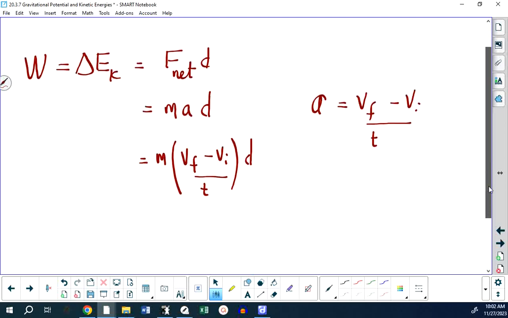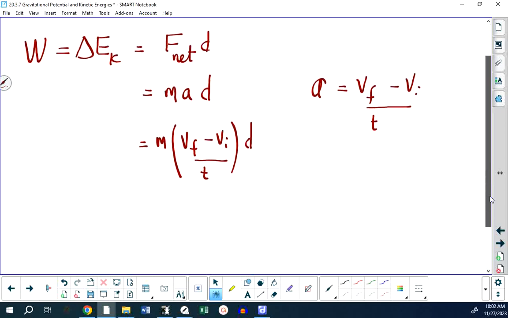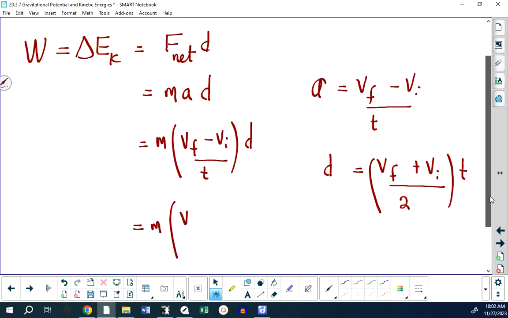All right, I'm also going to use another substitution because displacement is Vf plus Vi all over 2 times t. So I'm going to have mass times the acceleration times the displacement.